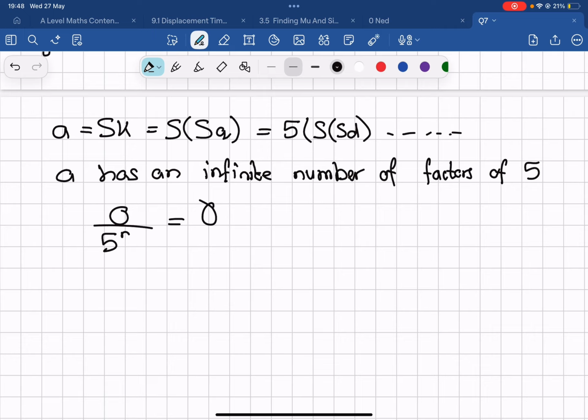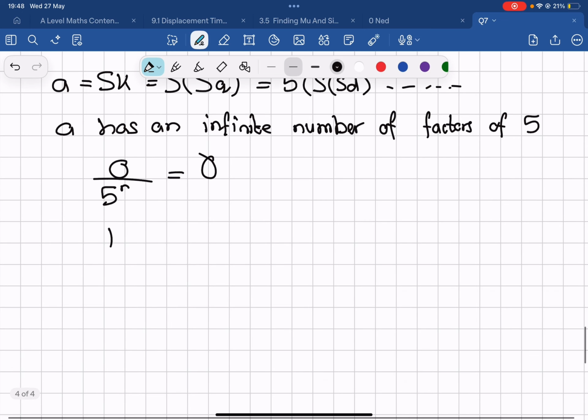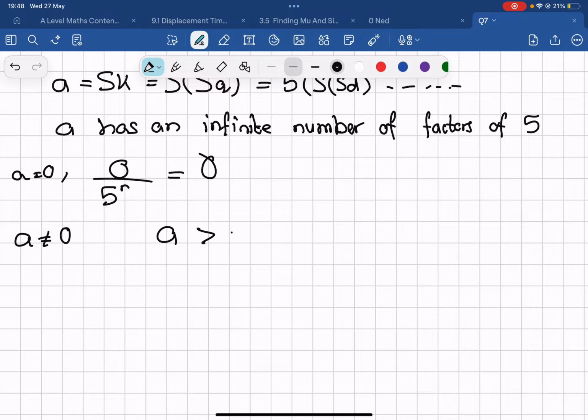However, when a does not equal 0, we know that there are only finitely many numbers between a and 0. Well, we just said that there was an infinite number of factors of 5 for a.